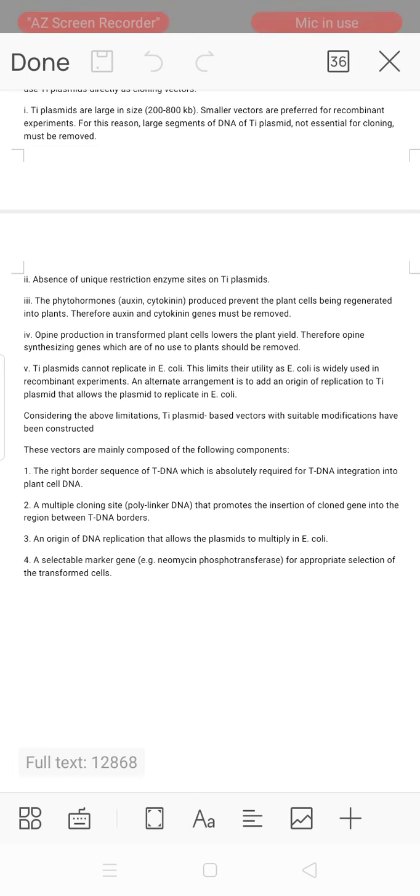Considering the above limitations, Ti plasmid based vectors with suitable modifications have been constructed.